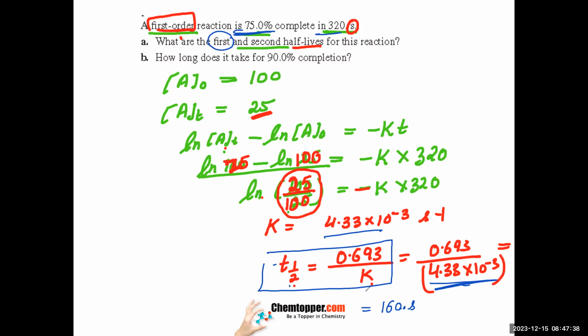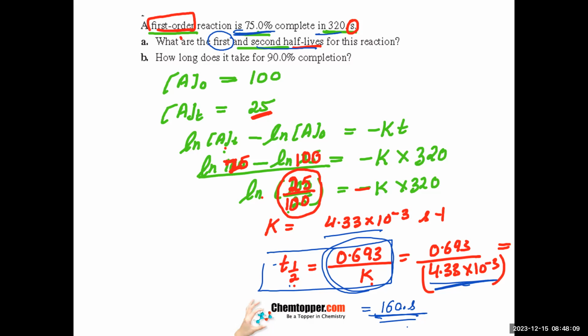First half-life, 160 seconds. Second half-life, 160 seconds. Third, 160 seconds. Because this is constant for this particular reaction, since it does not depend on initial concentration. So half-life is not changing. Half-life will change only for zero order and second order. But for first order, it is same.